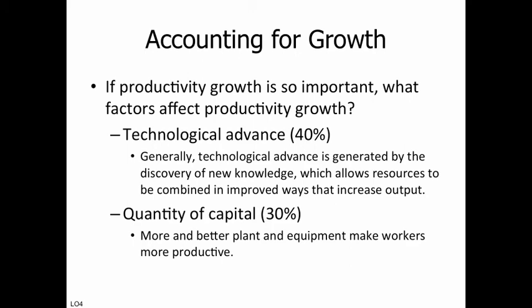This explains about 30% of productivity growth. More and better plant and equipment make workers more productive. A nation acquires more capital by saving some of its income and using that savings to invest in new plant and equipment, and that helps make workers more productive.